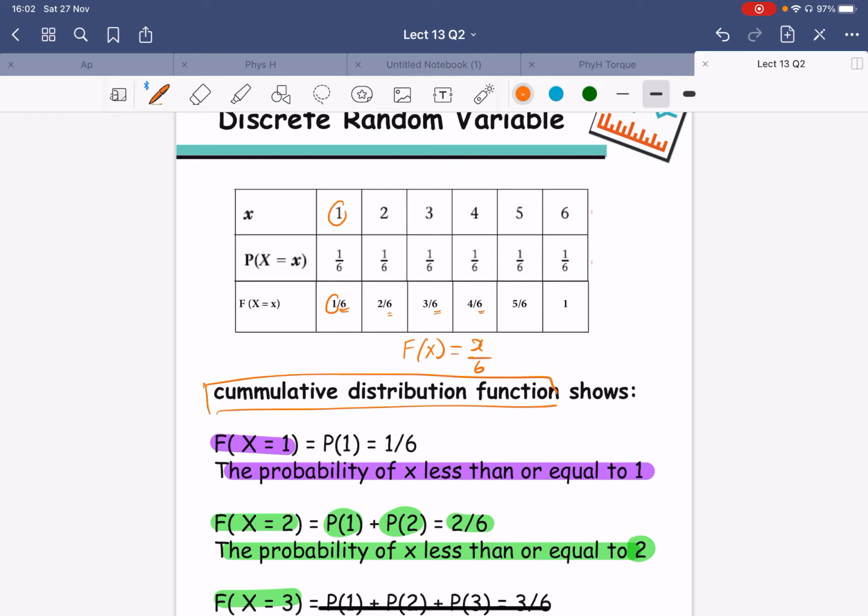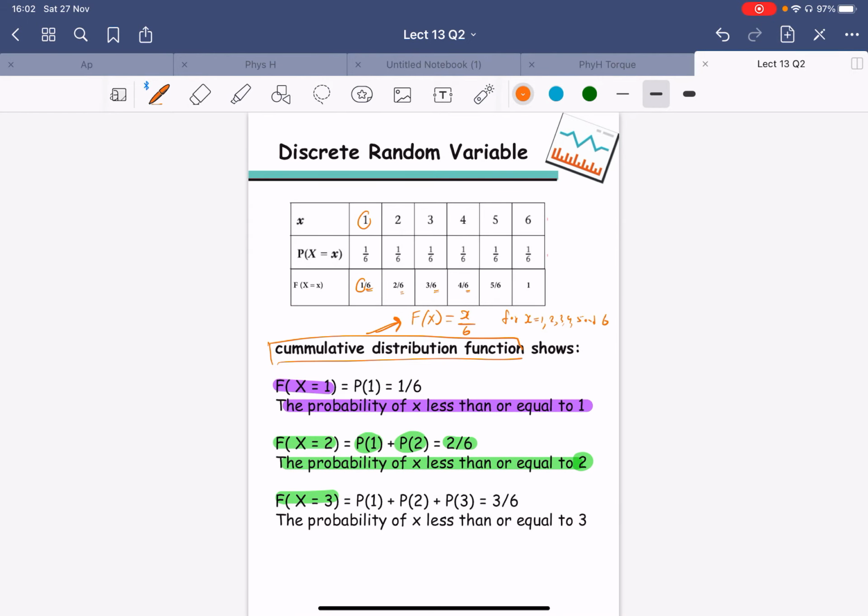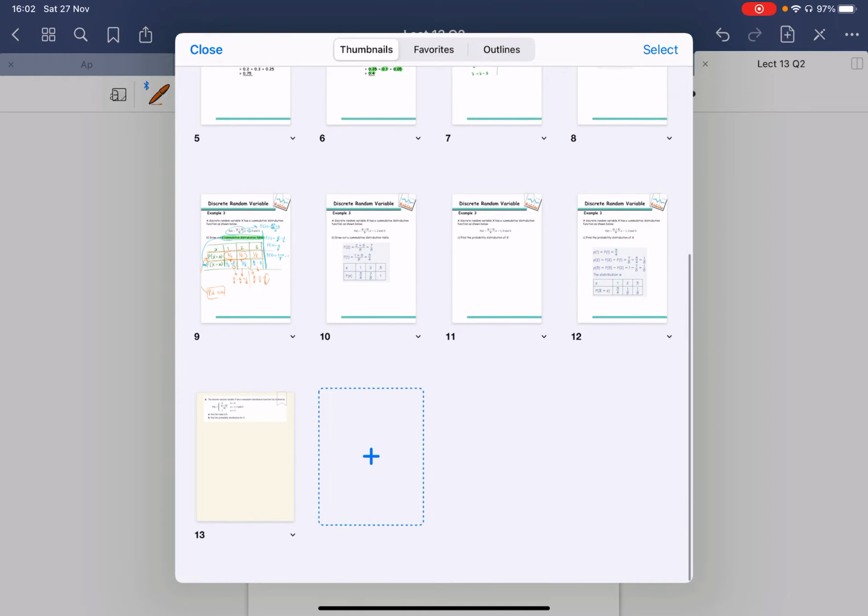Then you write that for x equals 1, 2, 3, 4, 5, and 6. So this is the function that I am looking for. All right, let's see the last question here.